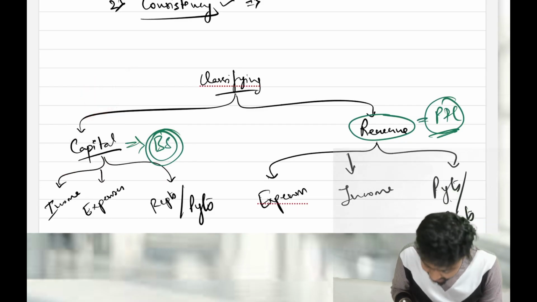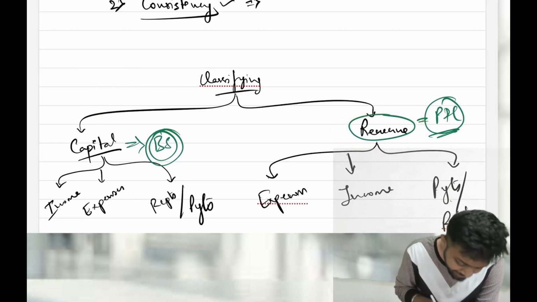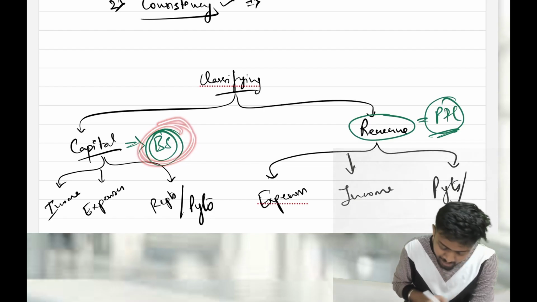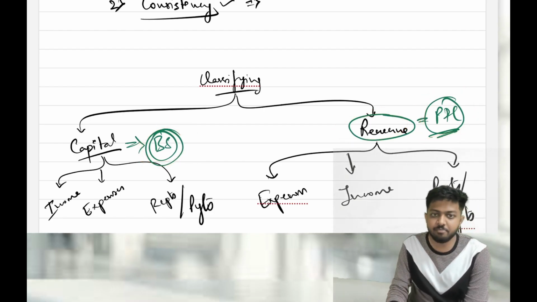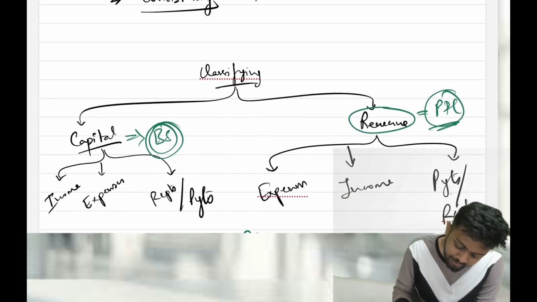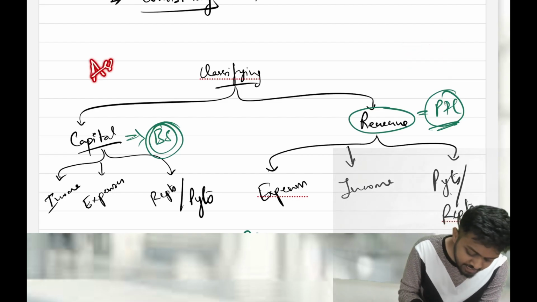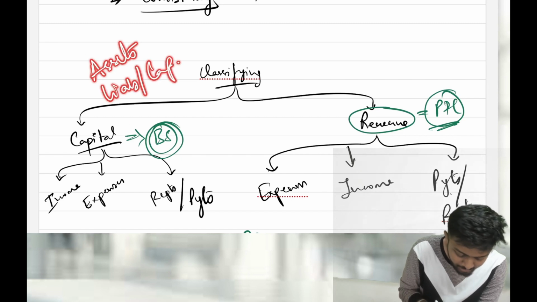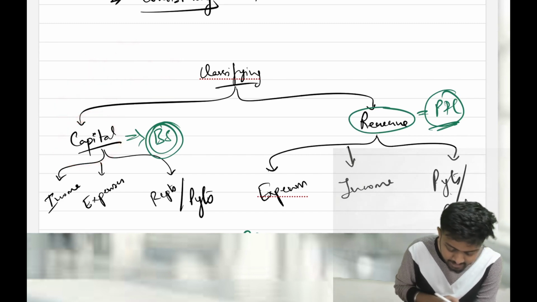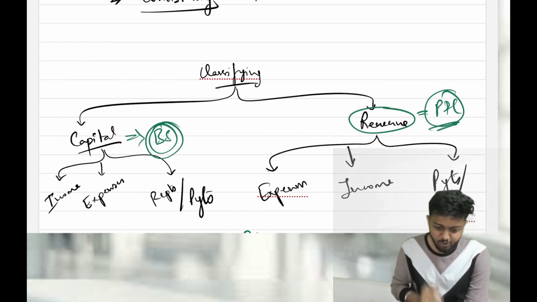Let's talk about expenditure only. Capital expenditure will affect balance sheet items, whereas revenue expenditure will affect P&L items. You know what will come in P&L? Income and expense will come in P&L, and assets, liabilities or capital will come in the balance sheet. So capital items generally affect the balance sheet, and revenue items will affect the P&L. That is one basic thing you should know.